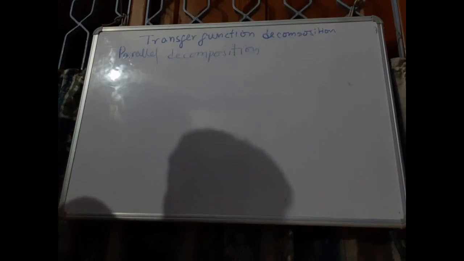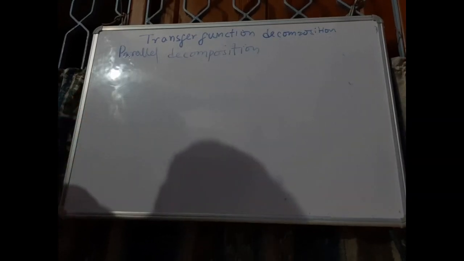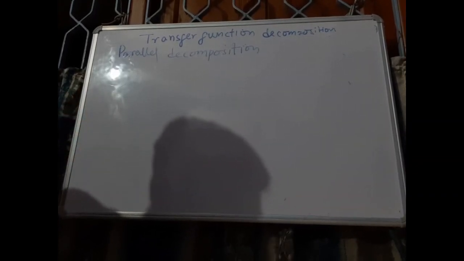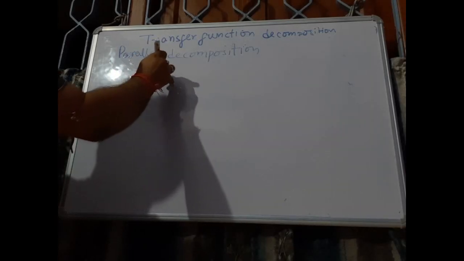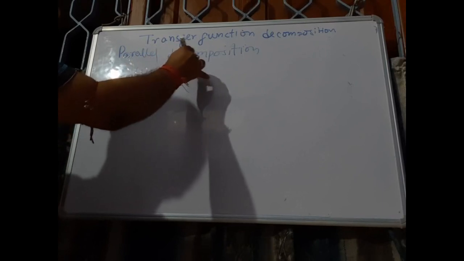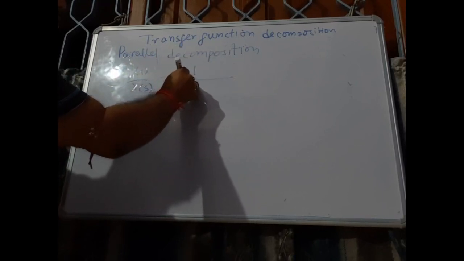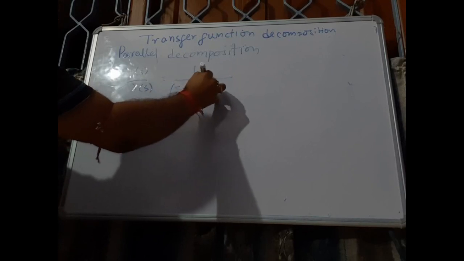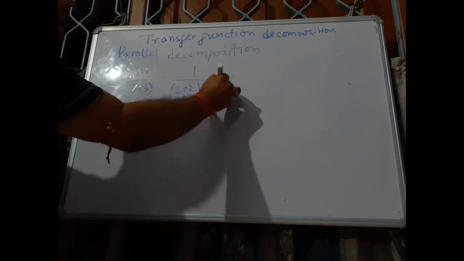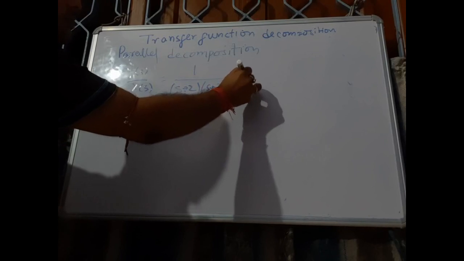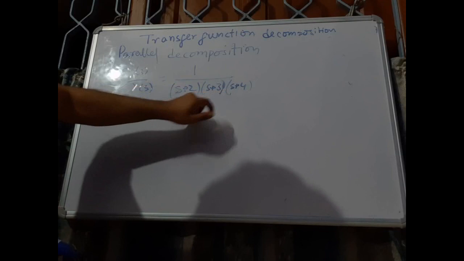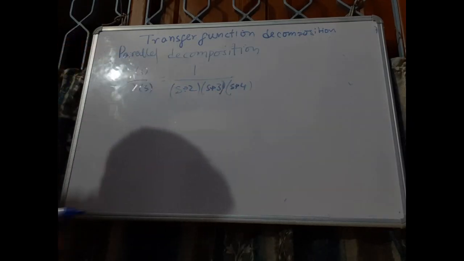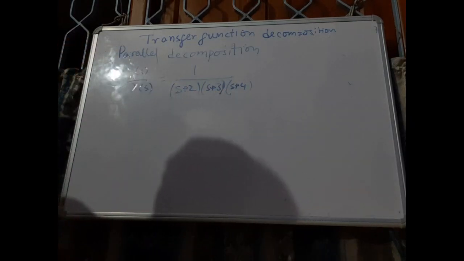Parallel decomposition, and we are taking the same problem, Y(s)/X(s) is equal to 1 by (s plus 2)(s plus 3)(s plus 4). As the name suggests, we have to build a signal flow graph in parallel fashion.